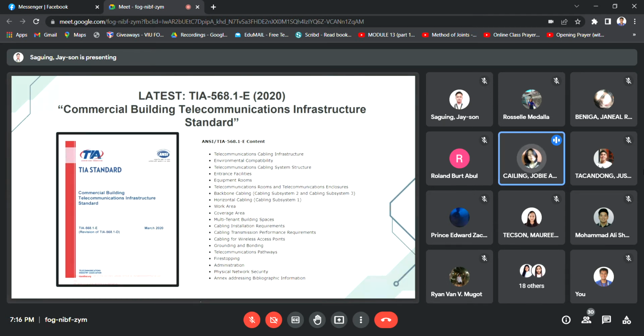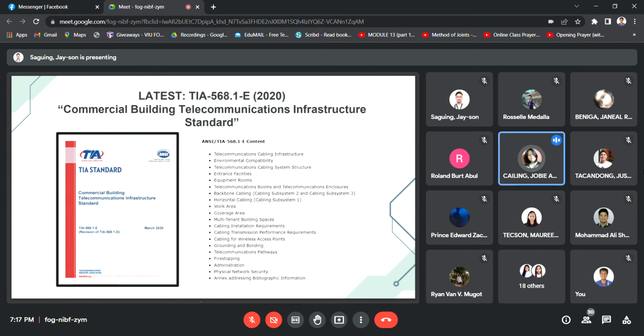So, based on my research, this is the latest version of the document, which is TIA 568.1-E, the 2020, entitled Commercial Building Telecommunications Infrastructure Standards. As you can see, it has a lot more content compared to the 1995 version.